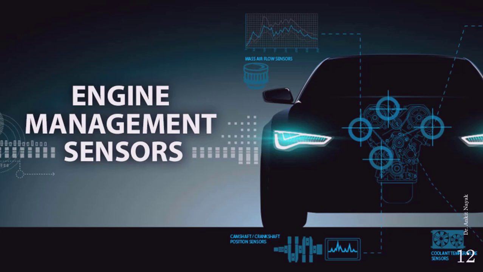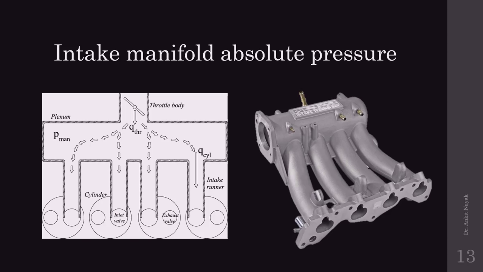The system which is basically responsible for the efficiency of your engine or your vehicle is known as the engine management system, and the sensors associated with this system are known as engine management sensors. Which type of sensors we will use for this purpose, we will see in this topic. First is the intake manifold absolute pressure.